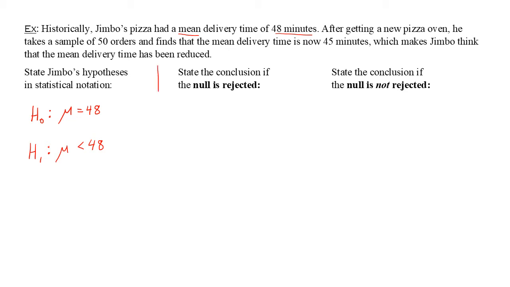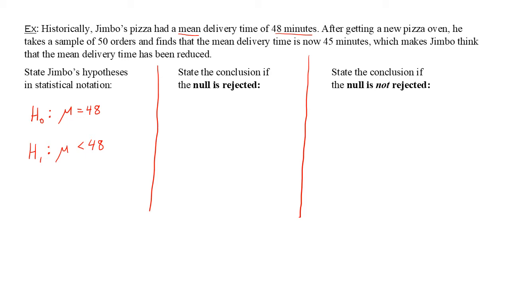Now let's think about what we can conclude depending on whether or not we decide we're going to reject the null hypothesis. So the process from this point would be to use the sample data that we've collected, in this case the mean of those 50 orders in the sample was 45 minutes. And so what we would need to figure out now is how likely that is to occur if the mean was really equal to 48.